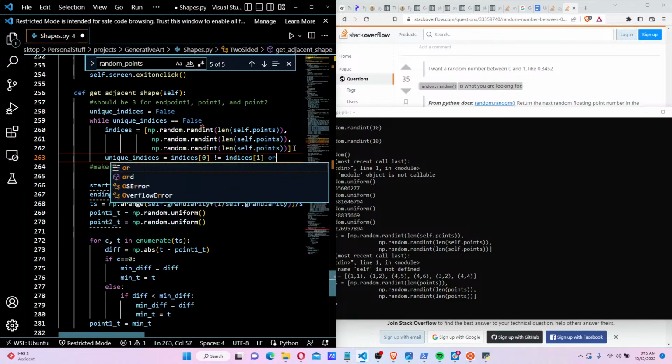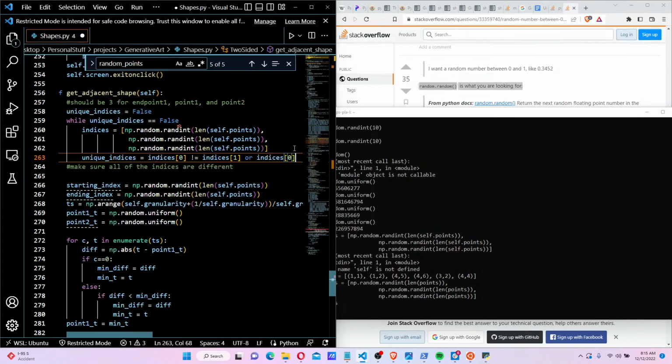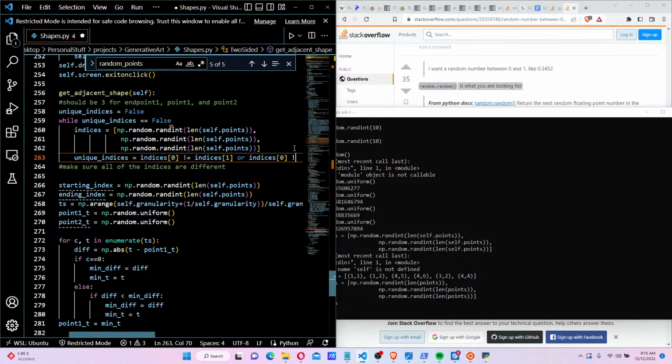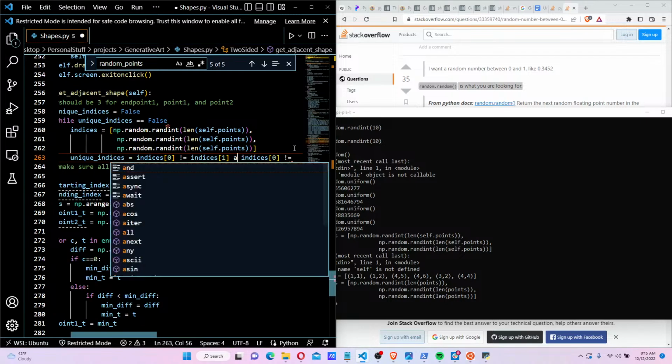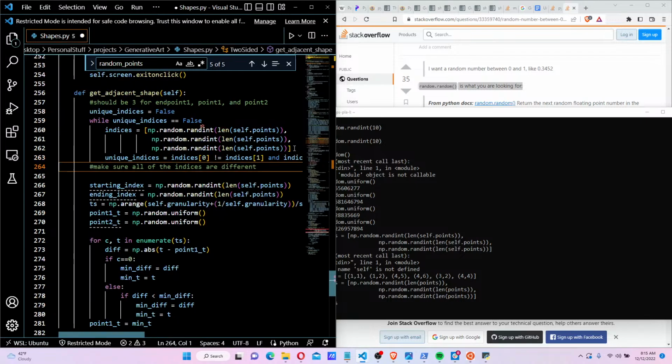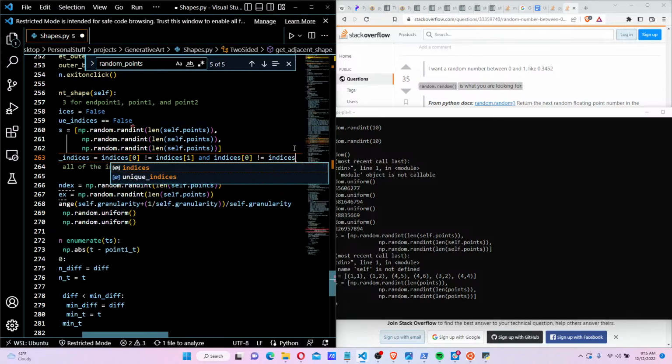So none of these could be the same. So, or indices of 0 is not equal to... So basically, if one of these evaluates to true, then it will return true. So this should be and. Indices of 0 is not equal to indices of 2.